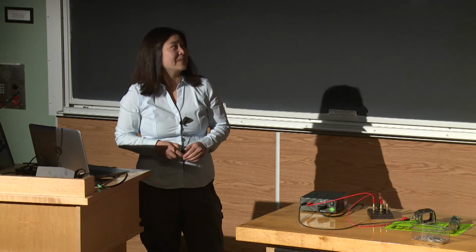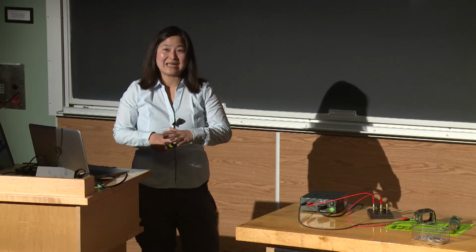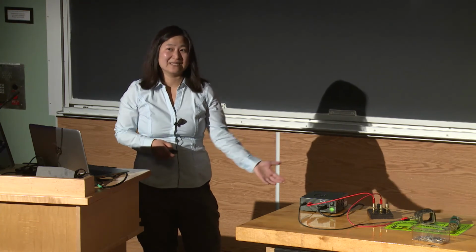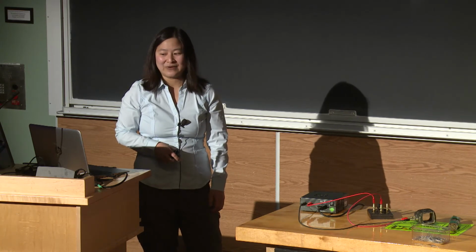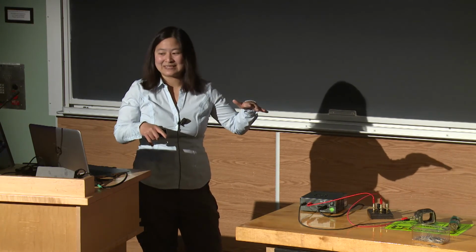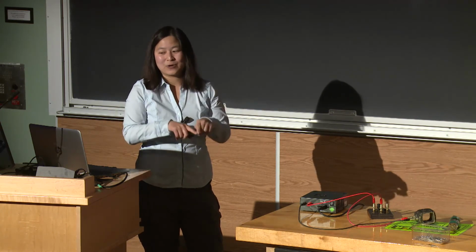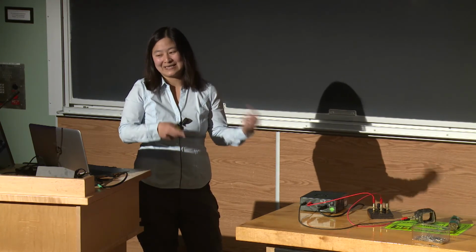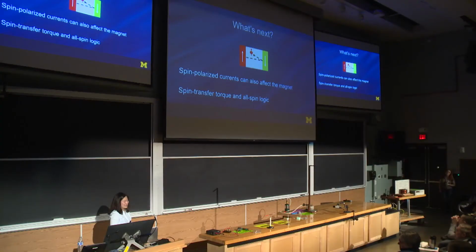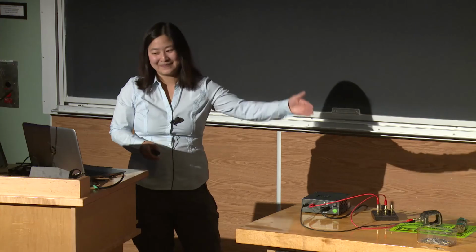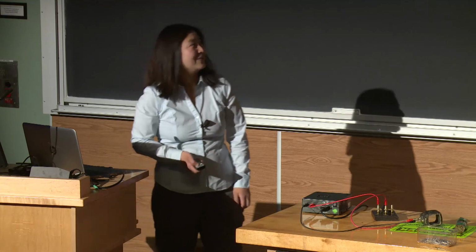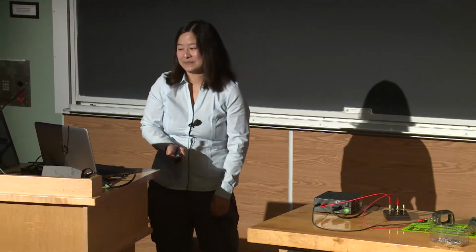And then there are also proposals for making logic devices based on this as well. You can have your input elements be magnetic bits. Depending on whether those inputs were aligned or anti-aligned, they could then have different effects on magnetization further down the line, which is the proposal for all-spin logic.